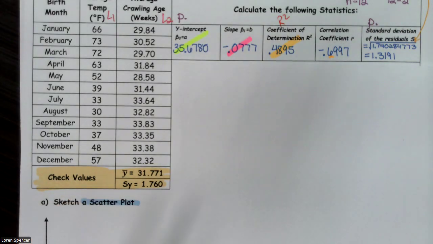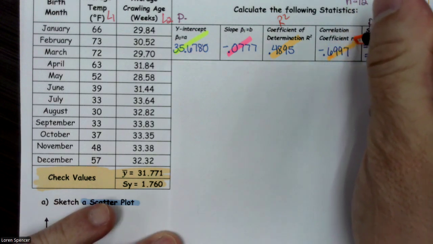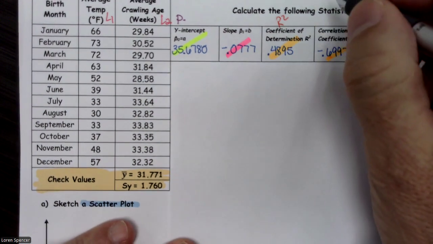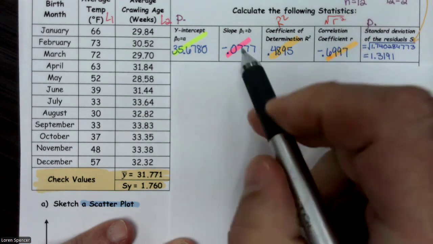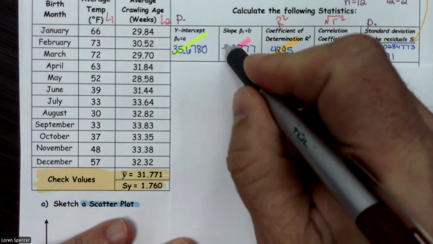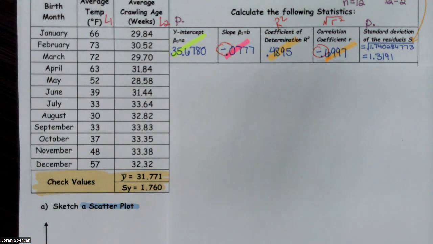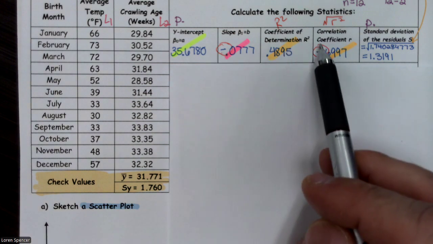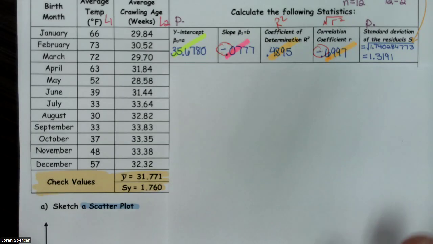So this is just the square root of r squared. But there's one other thing you have to be careful of, and that is you have to pay attention to the slope. The slope was negative, so this is also negative. So always look for the sign of the slope. If the slope is positive, this will be positive. If the slope is negative, then the correlation coefficient will be negative as well.